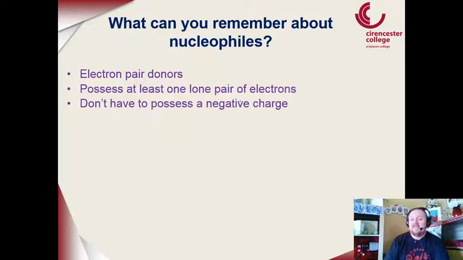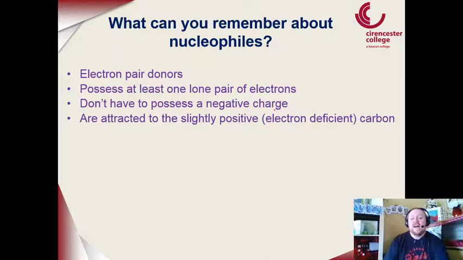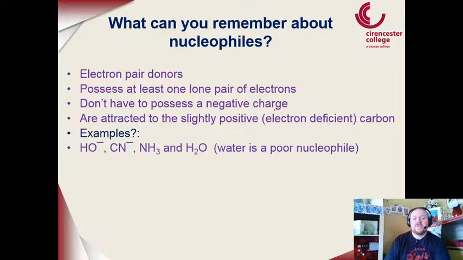They don't have to have a negative charge, although lots of them do, and they are attracted to that delta positive, electron deficient carbon. Some examples are OH-, CN-, NH3, and water. In fact, all of these will react with haloalkanes.